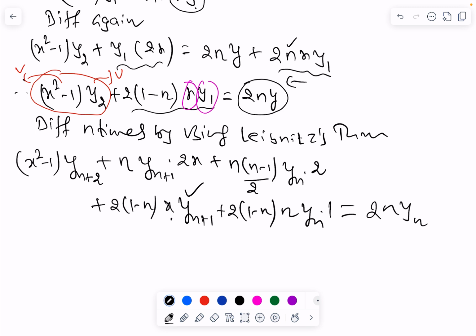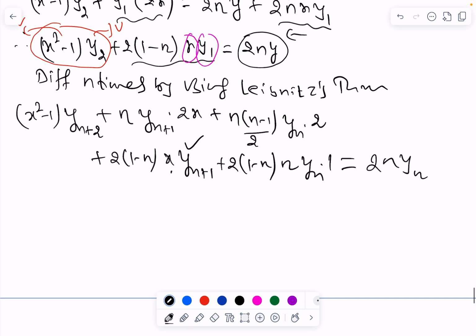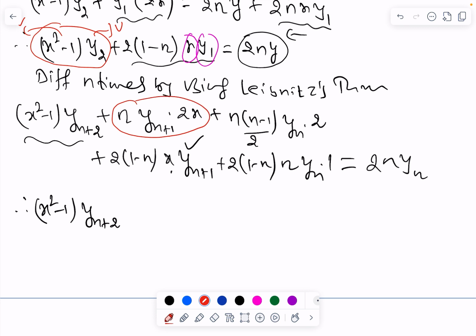And now we can just simplify. So this is equal to (x square minus 1) y_{n+2}. Now y_{n+1} terms: one is here, one is here, and other is here.